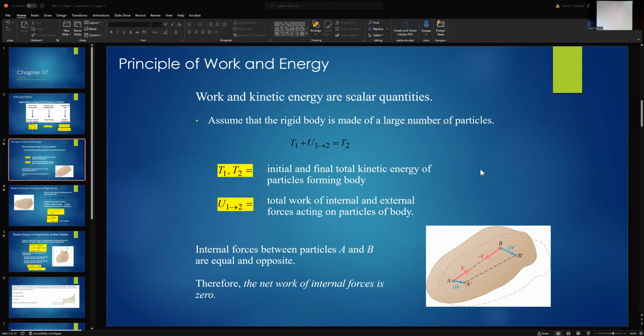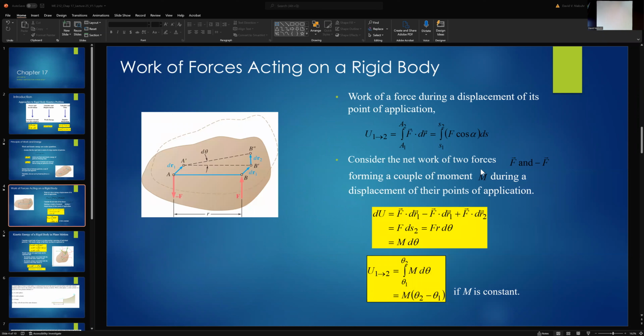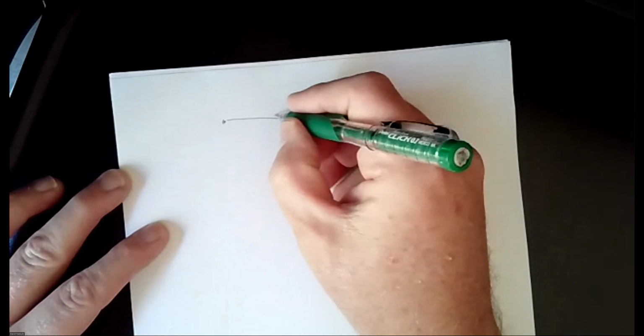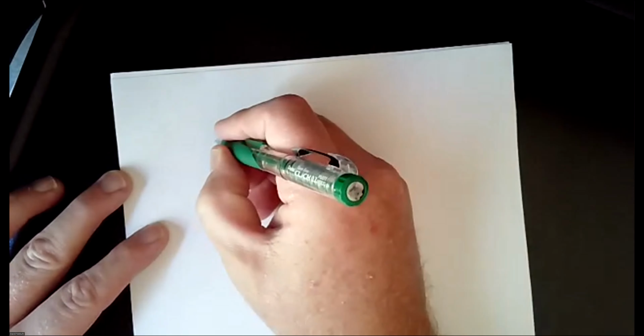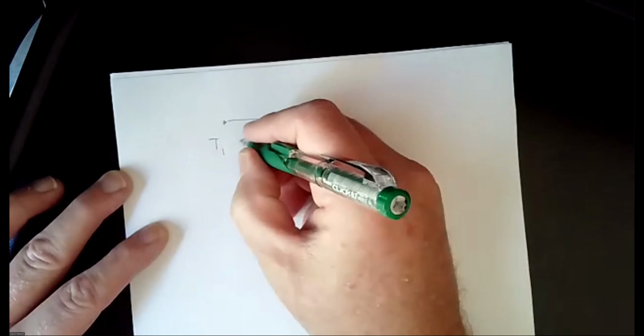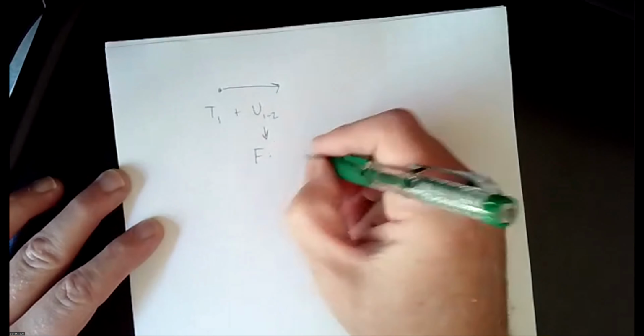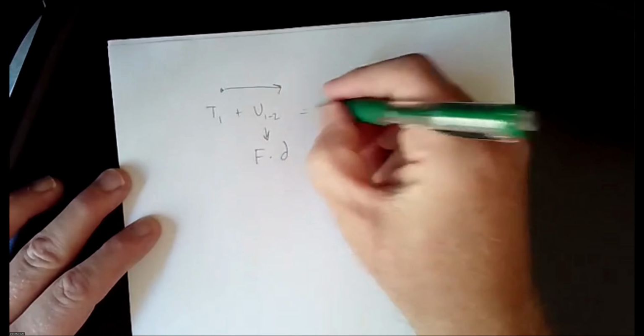Now, when we're dealing with U1 to 2 and force displacement, for example, remember that if you had a particle moving in that direction, and this was our T1 here, then our plus U1 to 2 could just be equated to force times distance, and then that would all equal our T2.